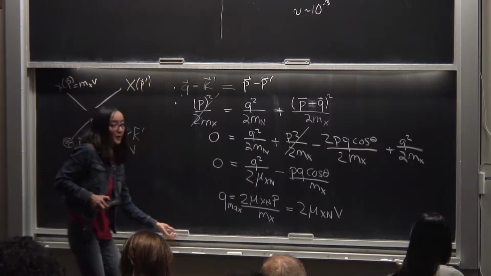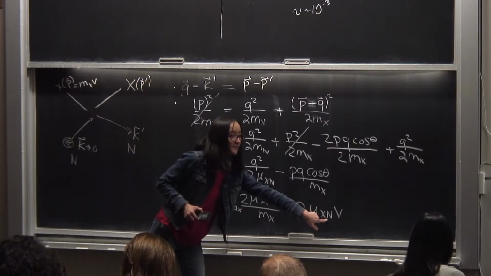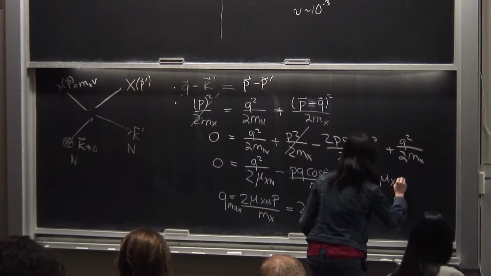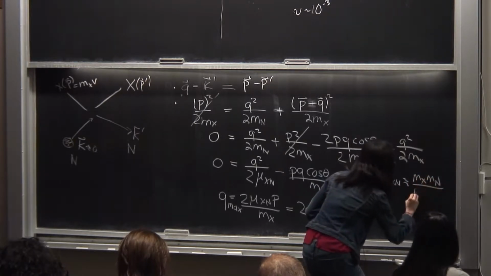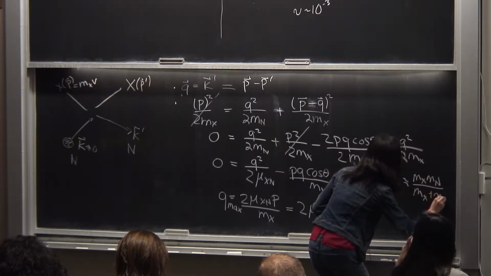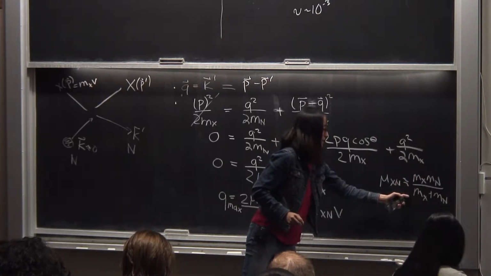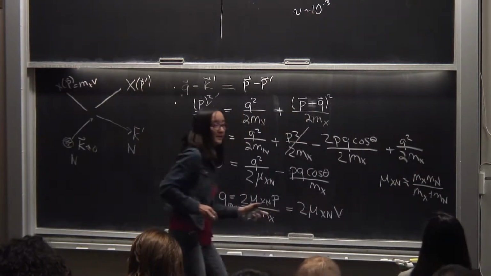Okay, and if we look in the limit where the dark matter mass is much less than the nucleus mass, then the reduced mass looks like just the dark matter mass itself.